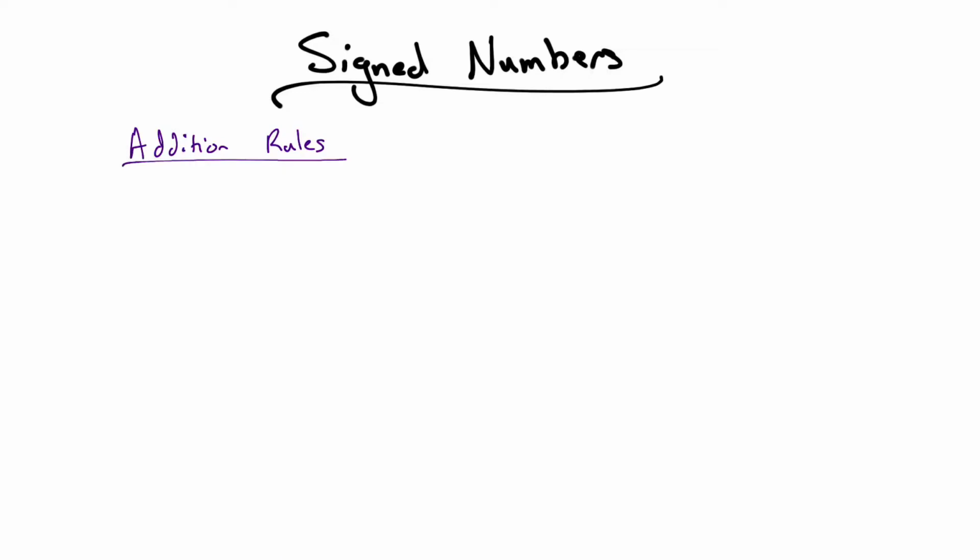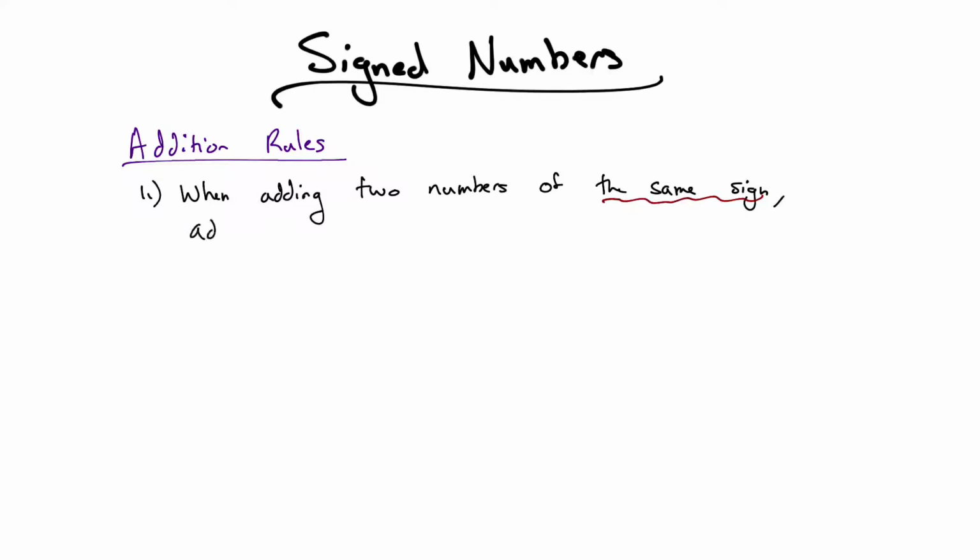The addition rules for signed numbers. This is broken up into two main bullet points. Bullet point number 1: when adding two numbers of the same sign, add the values and keep the common sign.